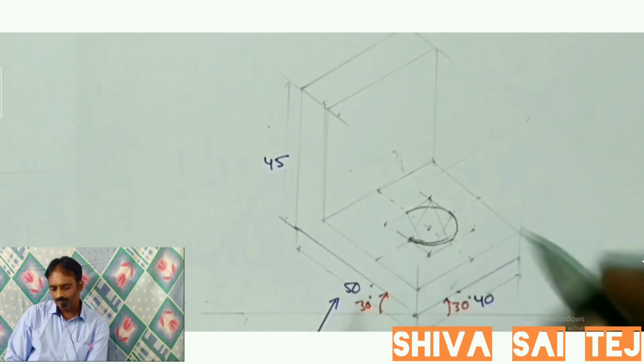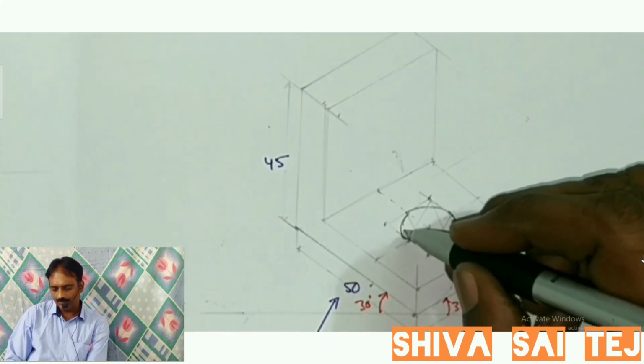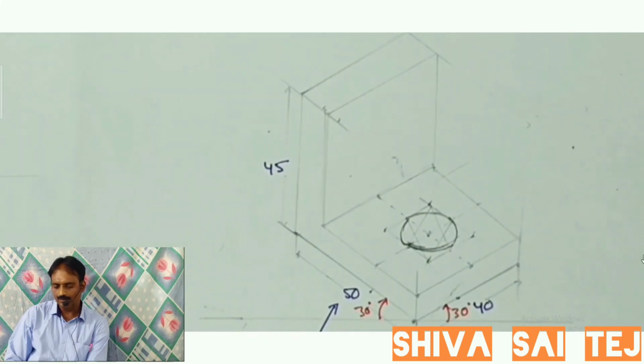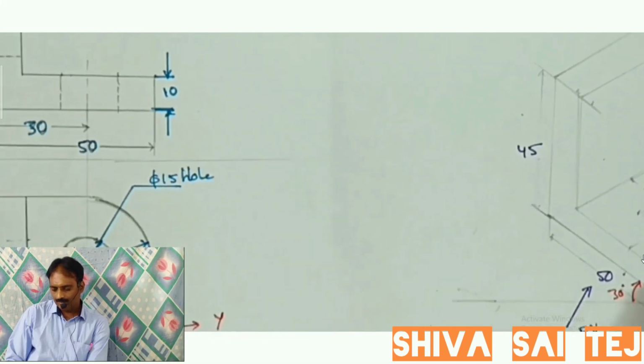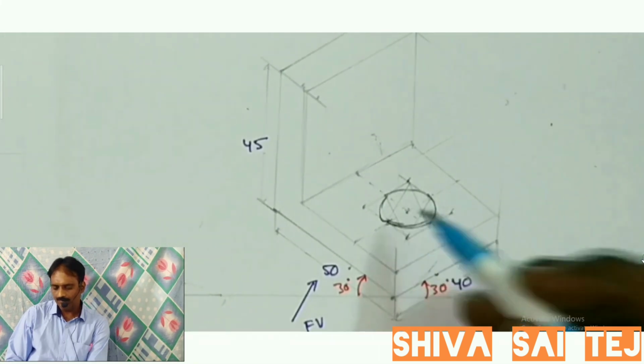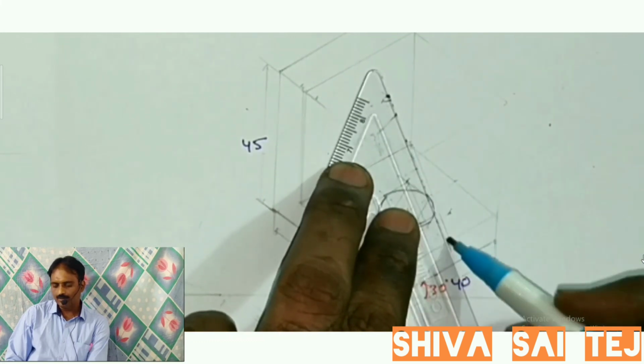Next, we have to construct the semicircle which is given here. For this semicircle also the center is the same. And in order to consider the semicircle, we have to consider the rectangle and the rhombus as shown. In the same way, join the midpoints from the corners of the shortest diagonal.